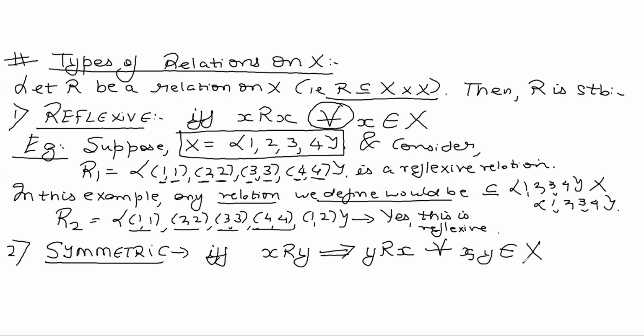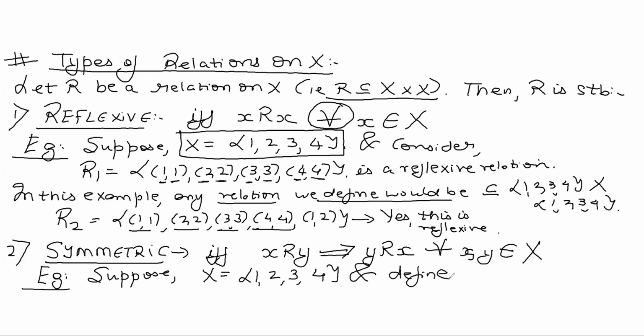Let's take the same example to understand this. Suppose X is equal to the set of {1, 2, 3, 4} and define the relation R1 as (1,1), (2,2), (3,3), (4,4), (1,2). Is R1 symmetric? First of all, is R1 reflexive?